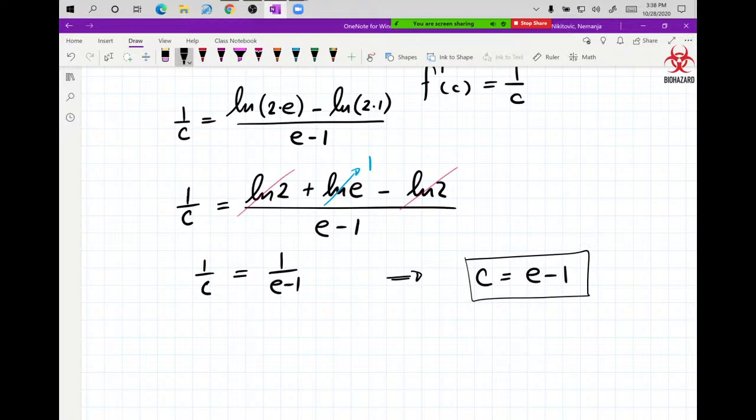You can go into a calculator, plug in e minus 1, and get your decimals, about 1.7. And that would be the point at which your secant line and your tangent line, well, the tangent line at the point c and the secant line between 1 and e, would be parallel lines.